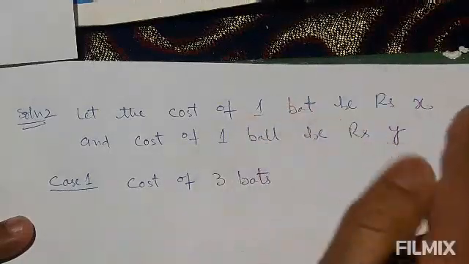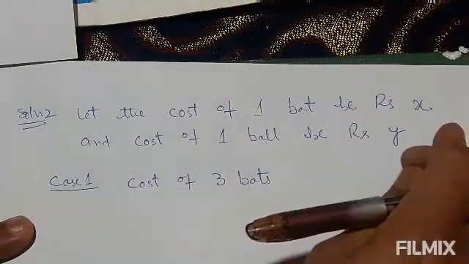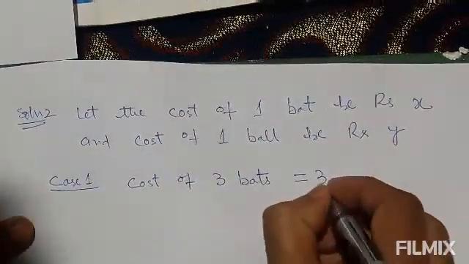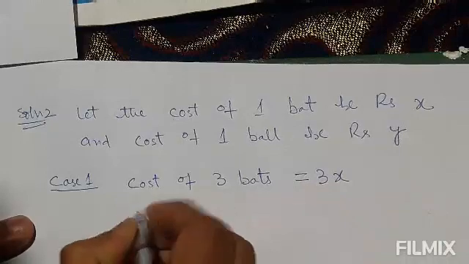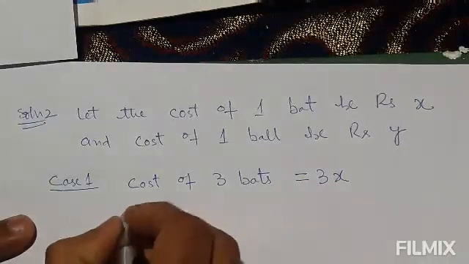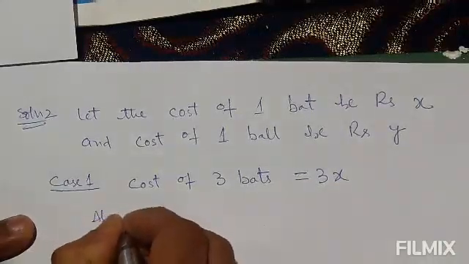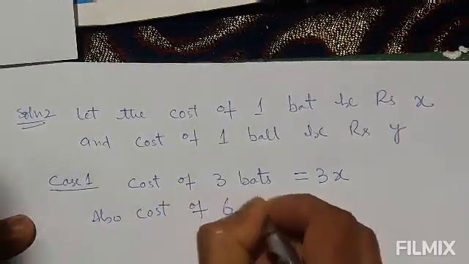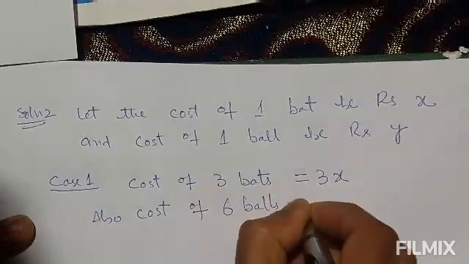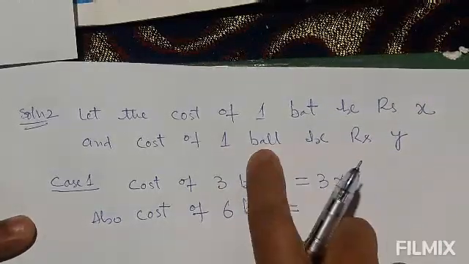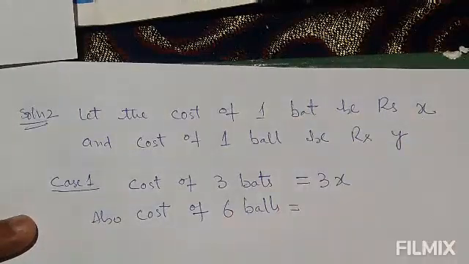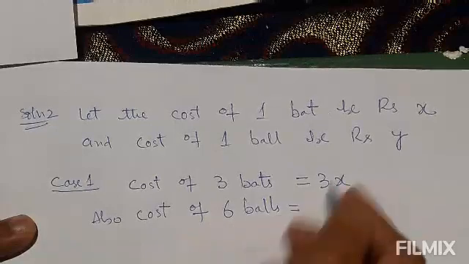Similarly, the cost of 2 bats will be 2x and the cost of 3 bats is 3x. Also cost of 6 balls. How much? Here we have the cost of one ball, y rupees, 2 balls 2y, 3 balls 3y, and for 6 balls we have 6y.